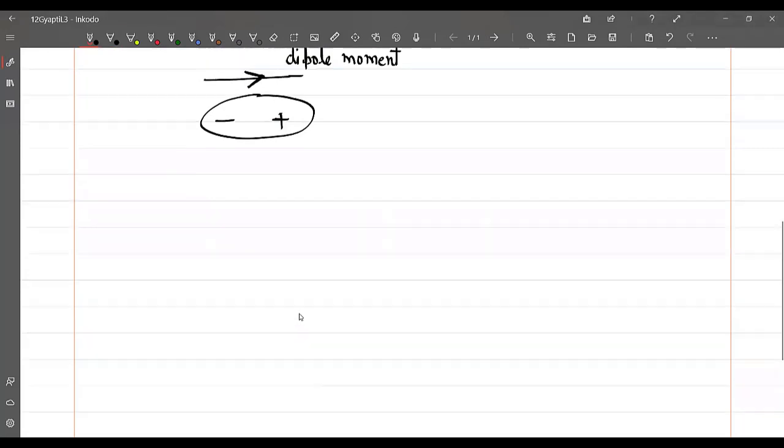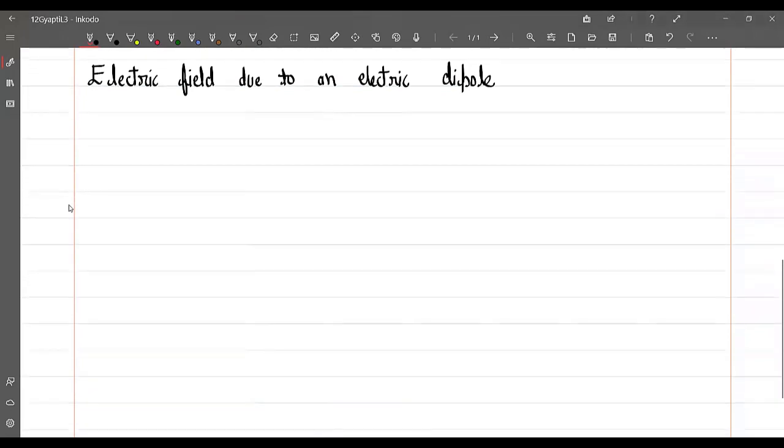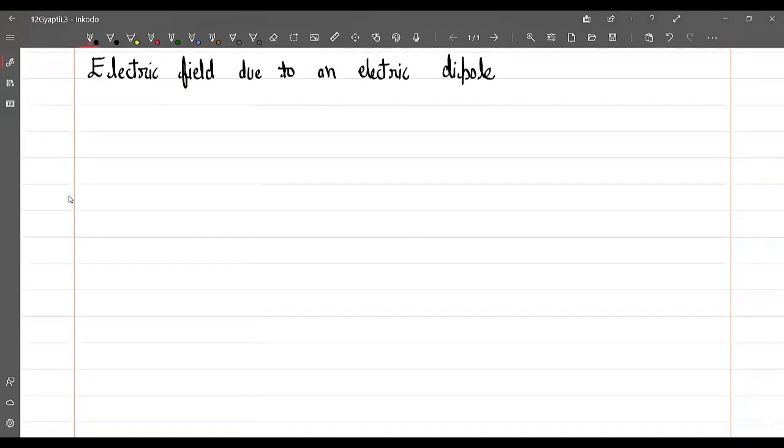Next, we are going to find electric field due to an electric dipole. And there are two cases for it. First, we'll find electric field on the axis of the dipole.